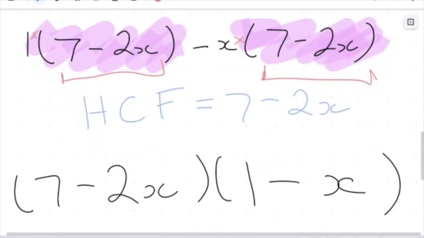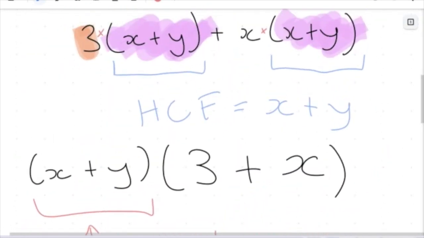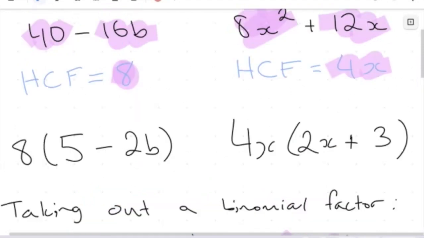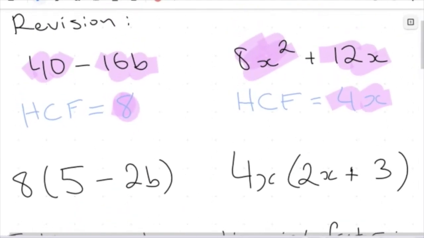And if you look, this example and this example are in fact no different to how we approached the revision examples. We just said, what's the highest common factor of both terms? We pulled it out and then we tried to systematically find out what each of the terms in the brackets needed to be. So we approach it in the same way.